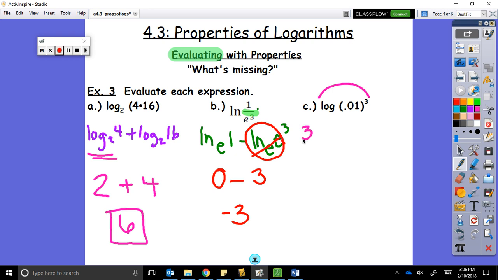So that's 3 log. Remember, when it doesn't have a base, it is base 10. Okay, and then I have 0.01. Now I want you to do a little bit of thinking for me. What is 0.01 in relationship to 10?